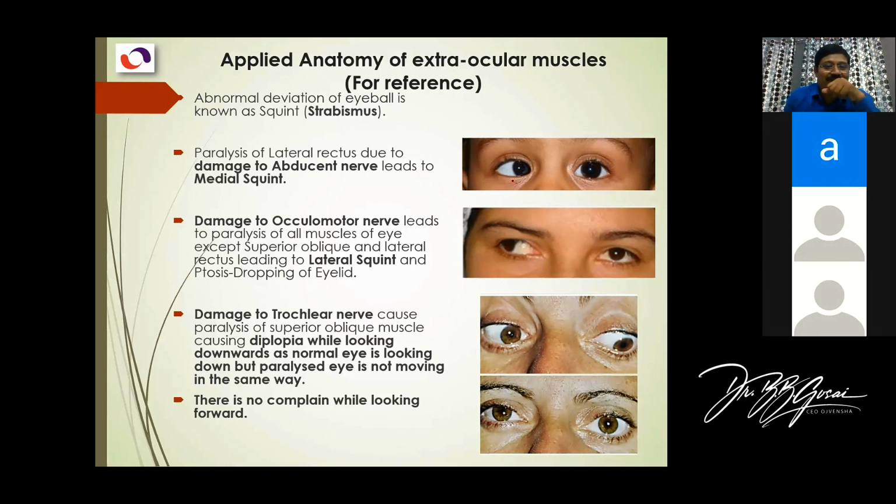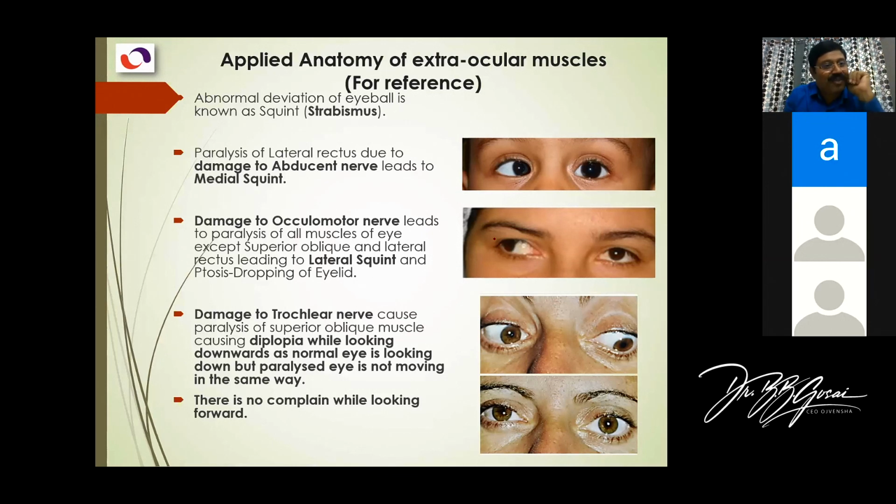As you can see in this picture number 2, and this one is medial squint, and this one is lateral squint. So lateral squint is paralysis of medial rectus, but it is because of the oculomotor nerve palsy. And oculomotor supplies other muscles also, and it even supplies the levator palpebrae. So the patient will develop ptosis also, the lateral squint also, plus slight angulation of the eyeball.